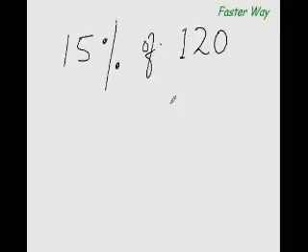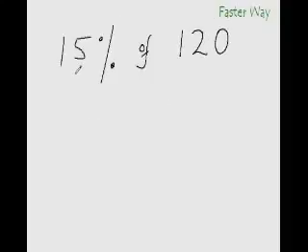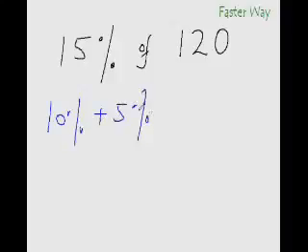Alright, I'm not going to do any calculation whatsoever. All I have done here is break 15% into two friendly parts, into two friendly numbers. So 10% plus 5%, isn't it, makes 15%, and finding 10%, 5%, 100% of anything is very simple using the decimal shifting trick of finding percentages.